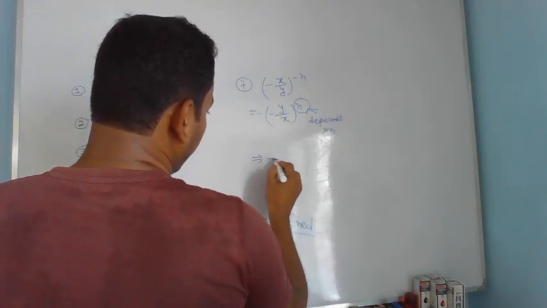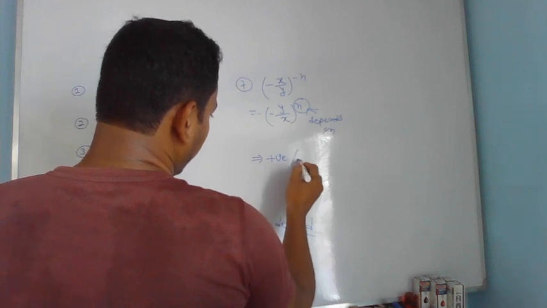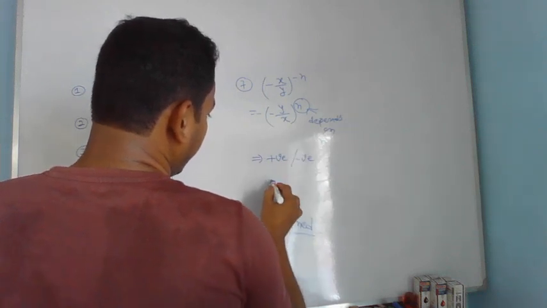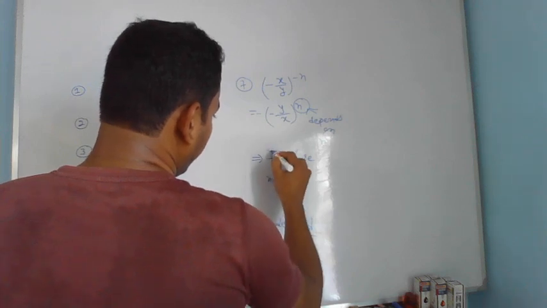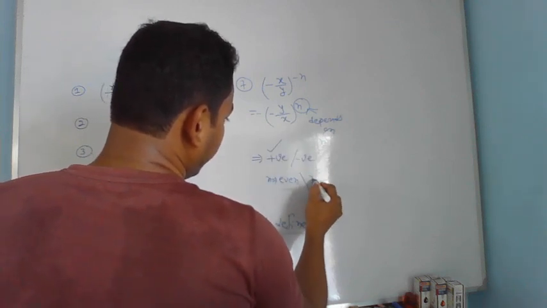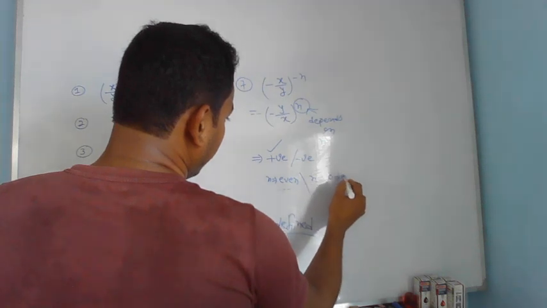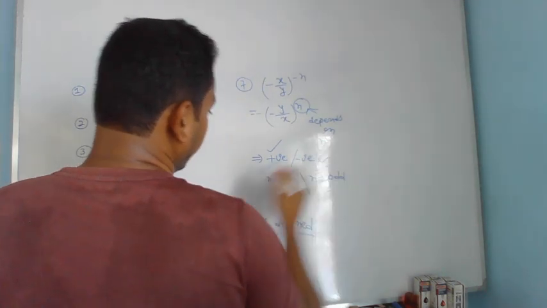It will be either positive or negative. If n is even, then it will be positive. If n is an odd number, then it will be negative.